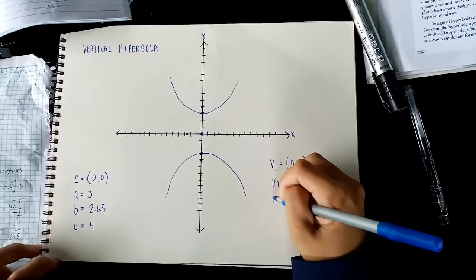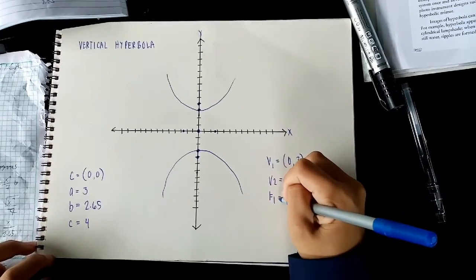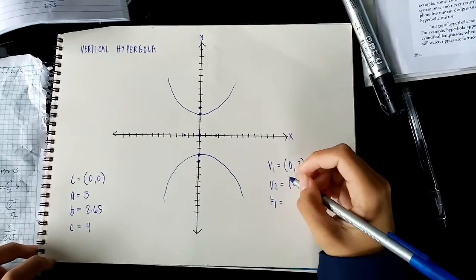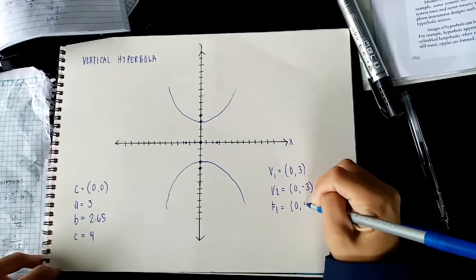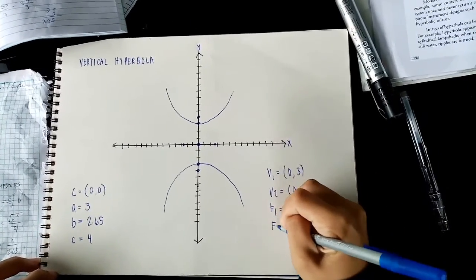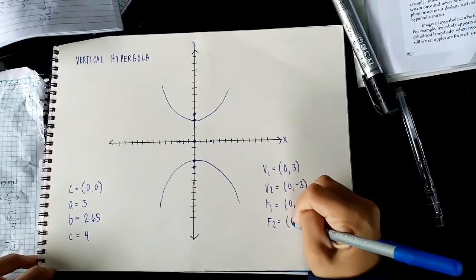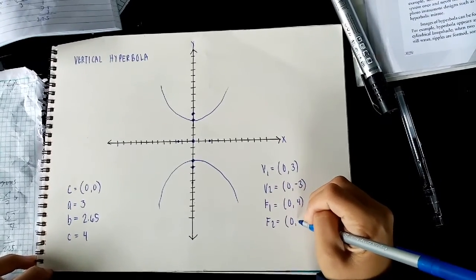Next, for the foci, f1 equals (0, 4), then f2 equals (0, -4).